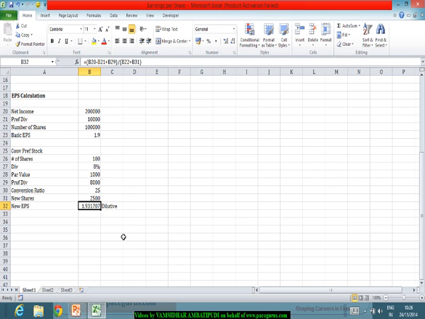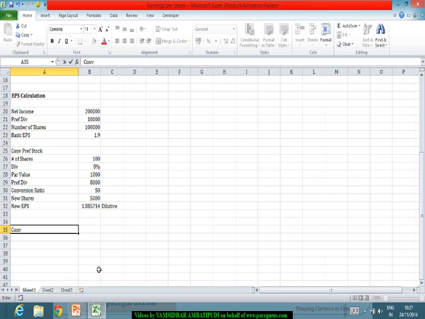Then I don't call it dilutive, I call it an anti-dilutive security, and I will not include it in my diluted EPS computation, which means in that case my diluted EPS would have been the same as the basic EPS. So that is what we do as part of the convertible preference stock calculation.